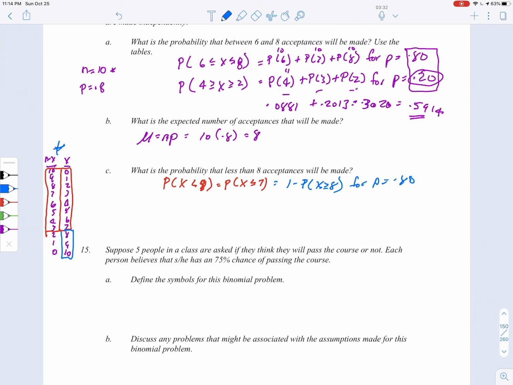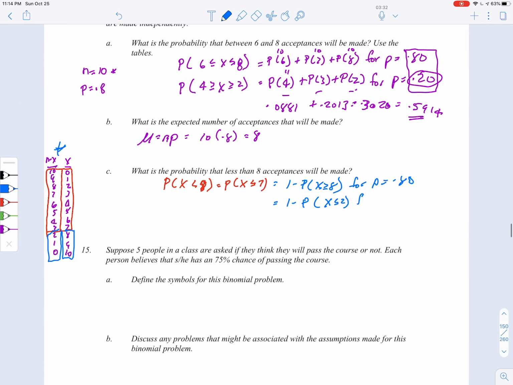Now, the reason why I draw this over here is because you can see what the equivalent is for n minus x, because that's what we have to look up on the table when we're looking at 0.8. We have to go to the 0.2 column. So what this means is this is going to be 1 minus the probability that x is, and take a look over here at the side, less than or equal to 2, right? 8, 9, 10 is equivalent to 2, 1, 0 for a p equal to 0.2.